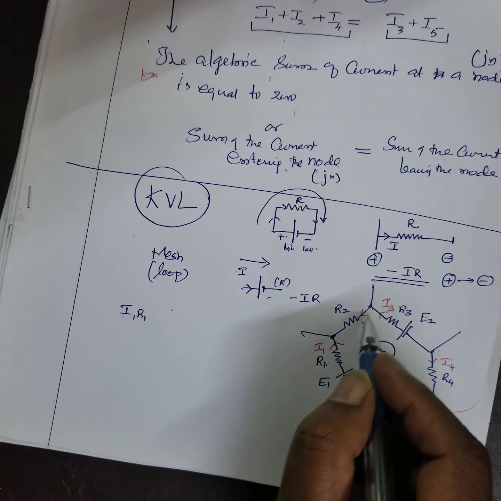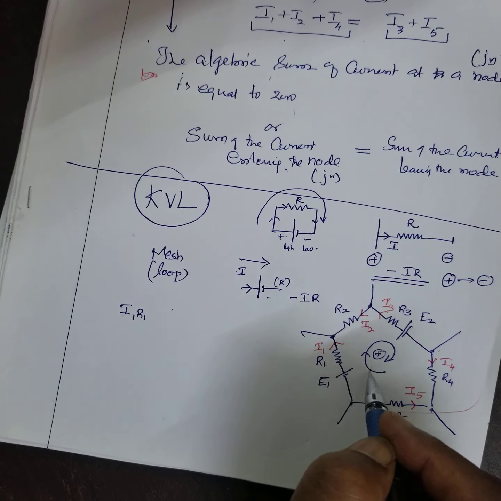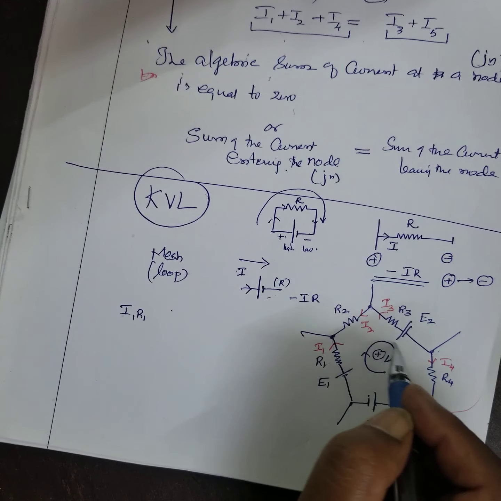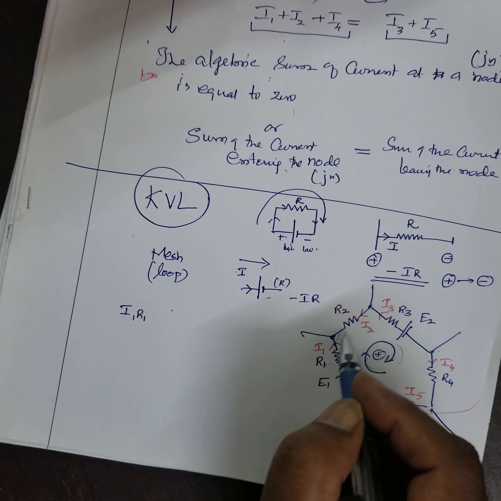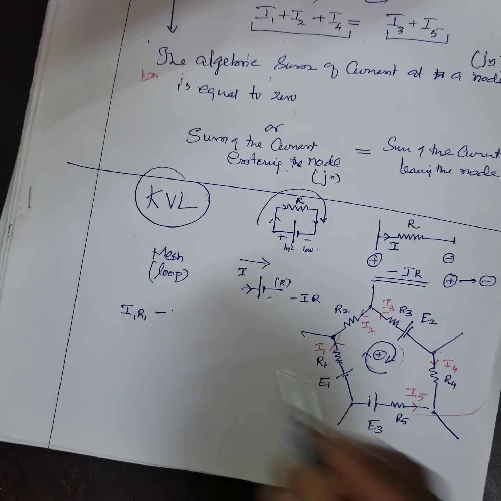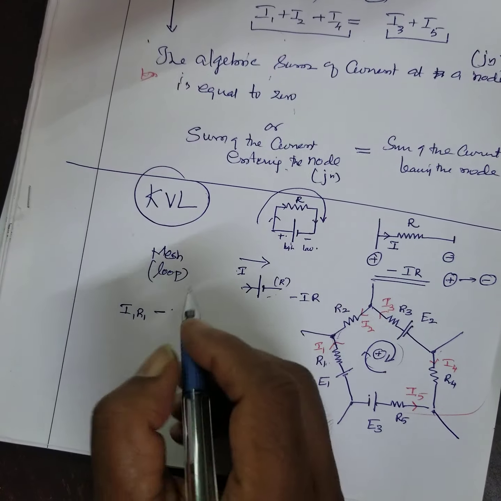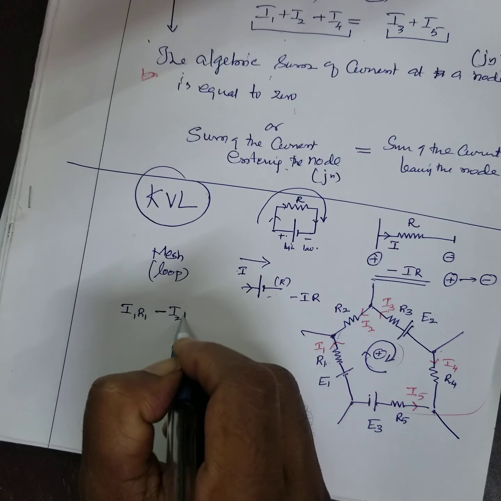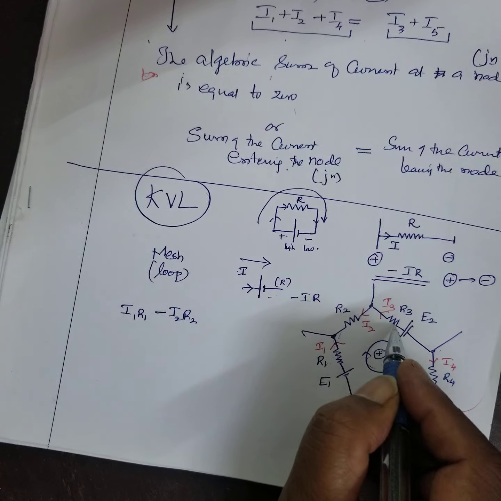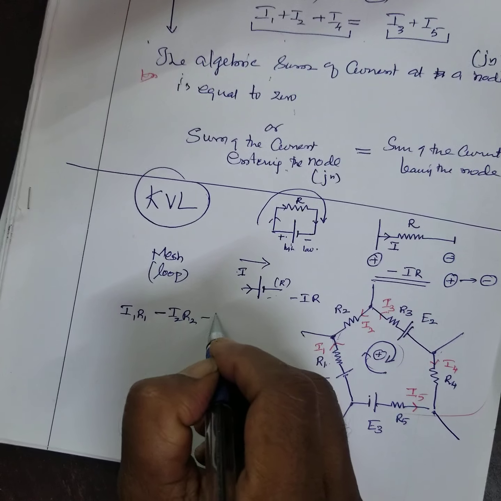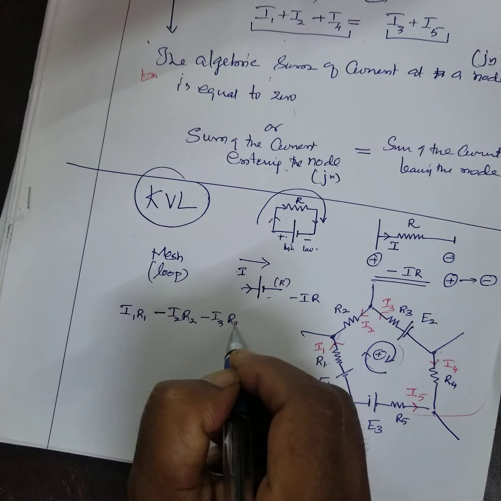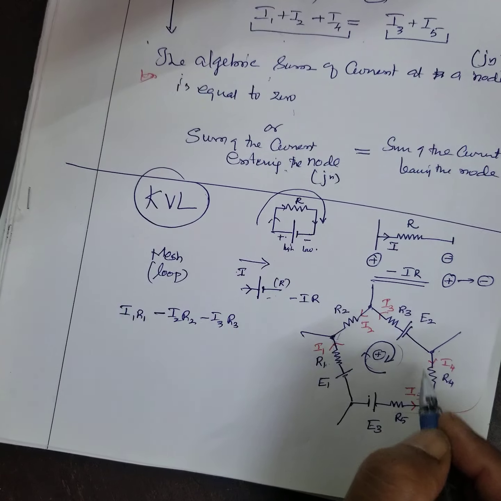Here it is going against the current. You are going along the current in this direction, but now you are going against it, therefore you write minus. Minus I2 R2, then going against again, minus I3 R3, then along.